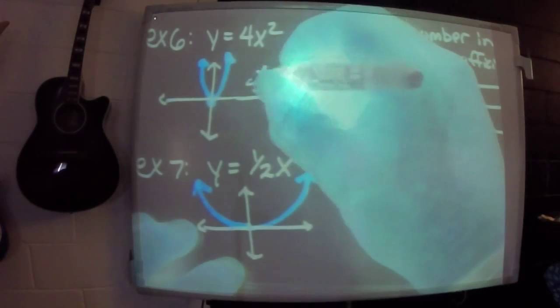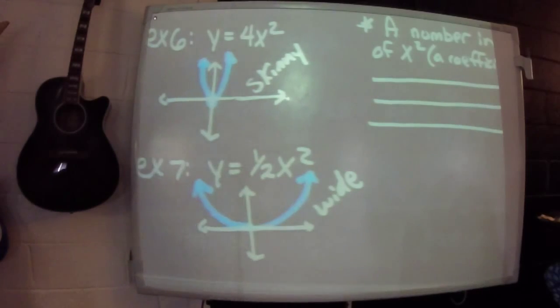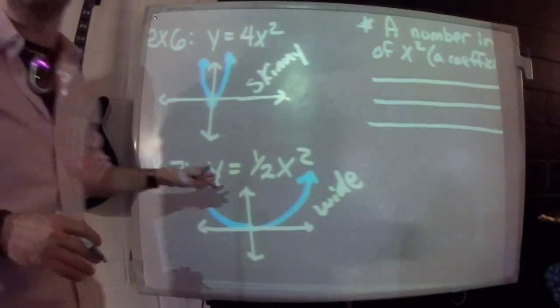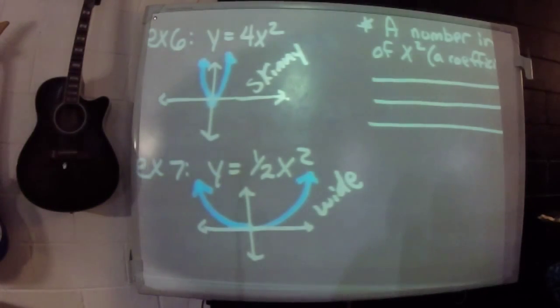Skinny and wide. So a number in front is just going to change the shape. Numbers 2, 3, 4, 5, 6, 7, 8, 9 make it very skinny. The bigger, the skinnier. And then fractions between 0 and 1, 1/2, 1/4, 1/3, make it wider.